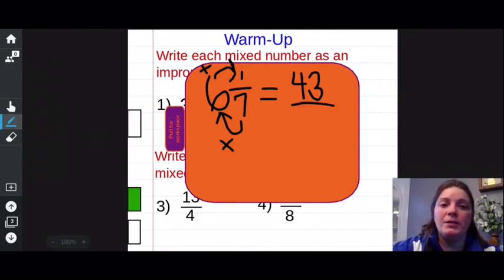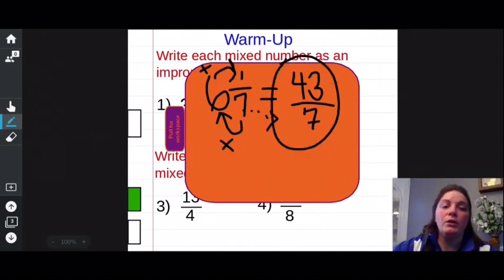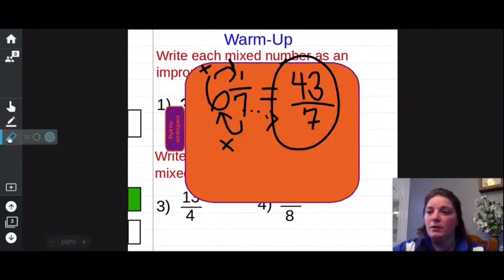And we keep the same denominator, so that 7 is our denominator. So 6 1/7 is equal or equivalent to 43/7. If you drew a model, you should see that in your rectangles that are cut up into 7 equal pieces, there would be a total of 43 pieces that were cut up into 7ths. And that's what that means.